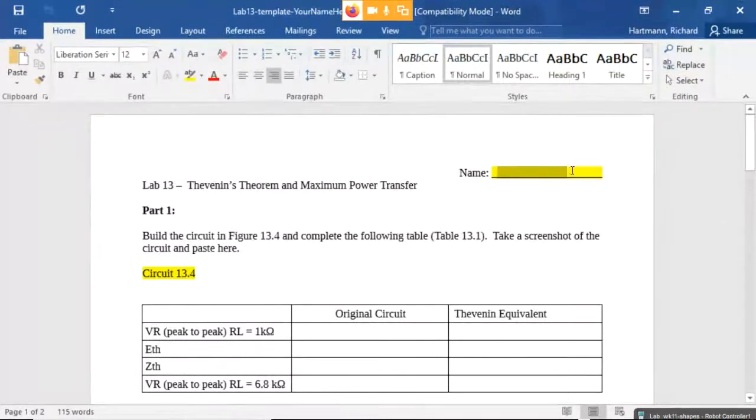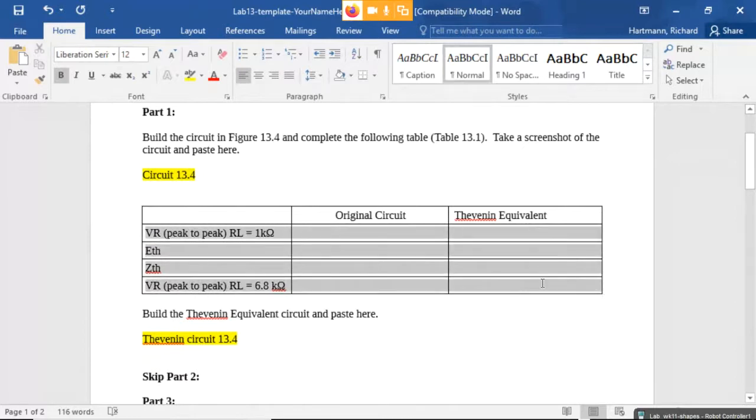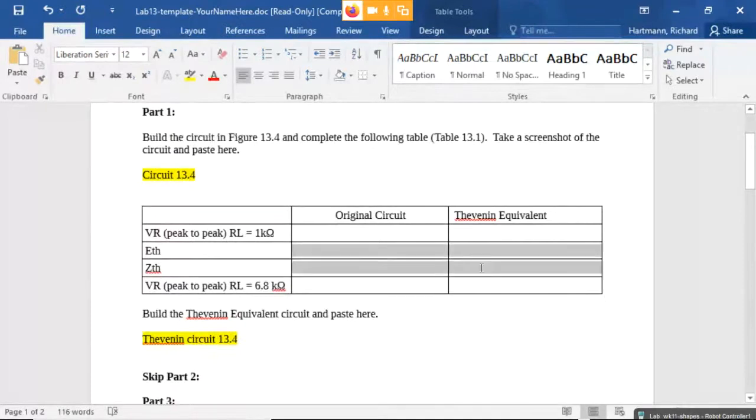And the first thing we want to do is put our name in here. And then what I did was that table that we looked at originally, where you have to put in like E Thevenin and Z Thevenin and all that, I put that in here so you can just come in here and put in that value, whatever it is, you know, 4 volts, angle 32.7 degrees or whatever.